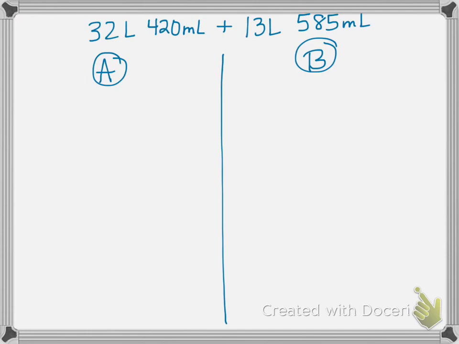One is to keep mixed units, add, and convert as necessary. The other is to convert to your smaller units, which would be milliliters, and then add. On A, I'm going to keep my mixed units, add, and then convert back at the end.